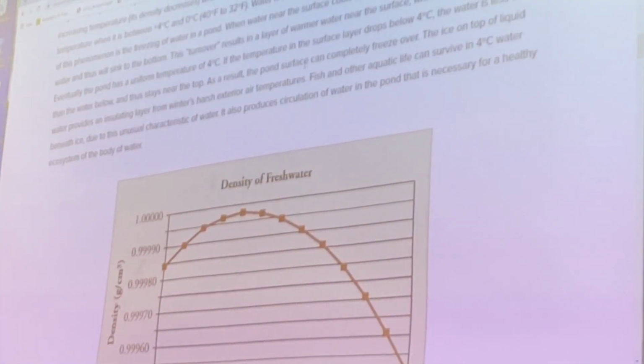As a result, the pond surface can completely freeze over. The ice on top of the liquid water provides an insulating layer from winter's harsh exterior air temperatures. Fish and other aquatic life can survive in 4 degrees Celsius water beneath ice due to this unusual characteristic of water. It also produces circulation of water in the pond, as is necessary for a healthy ecosystem.